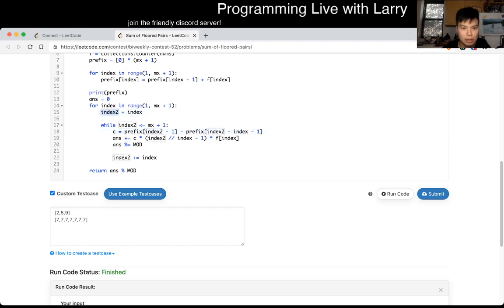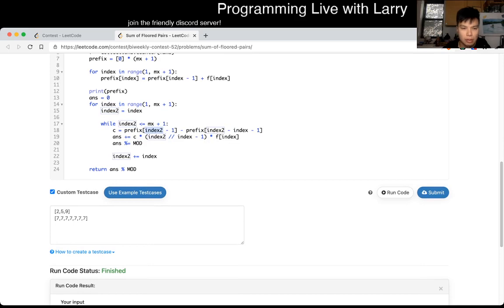This is 7. Damn it, missed them off by 1.